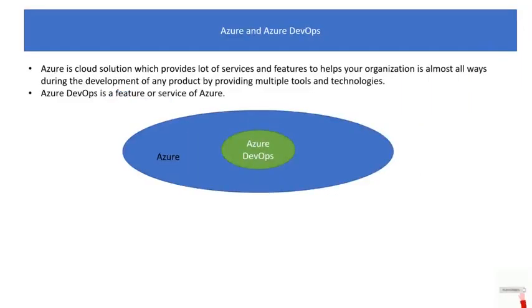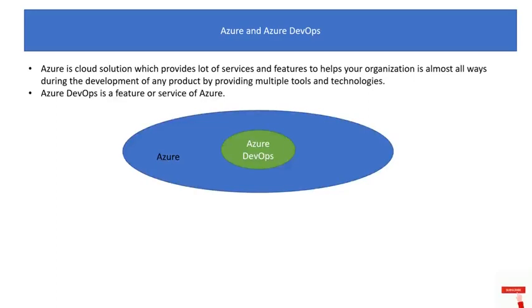In this topic, we will discuss the relationship between Azure and Azure DevOps. Azure is a cloud solution which provides lots of services and features to help your organization during the development of any product by providing multiple tools and technologies.